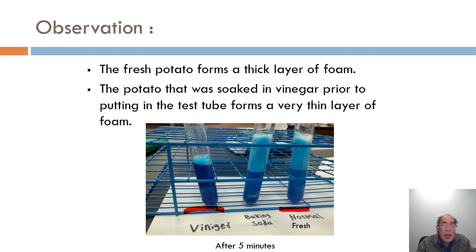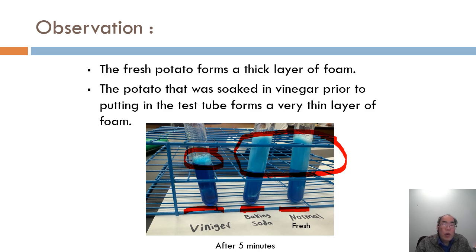Okay. And in the middle tube, if you're doing an in-person class, you'd also have a piece of potato soaking in baking soda. Okay. And if you notice, the amount of foam produced in the fresh piece of potato and the piece of potato that was soaking in baking soda, they produced a lot of foam, whereas the piece of potato that was soaking in vinegar, it produced hardly any foam.